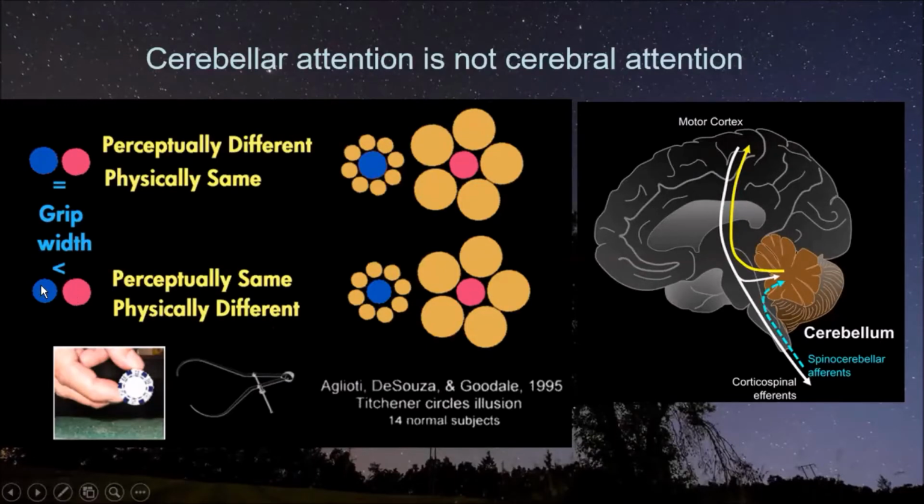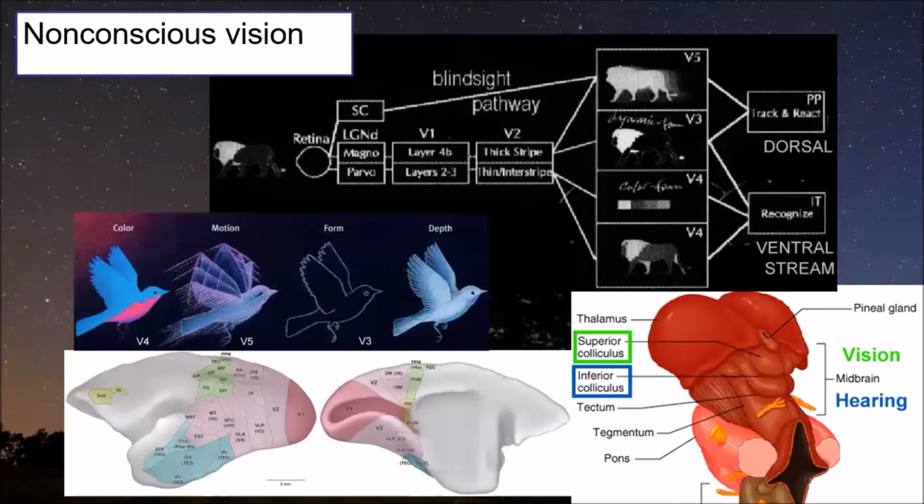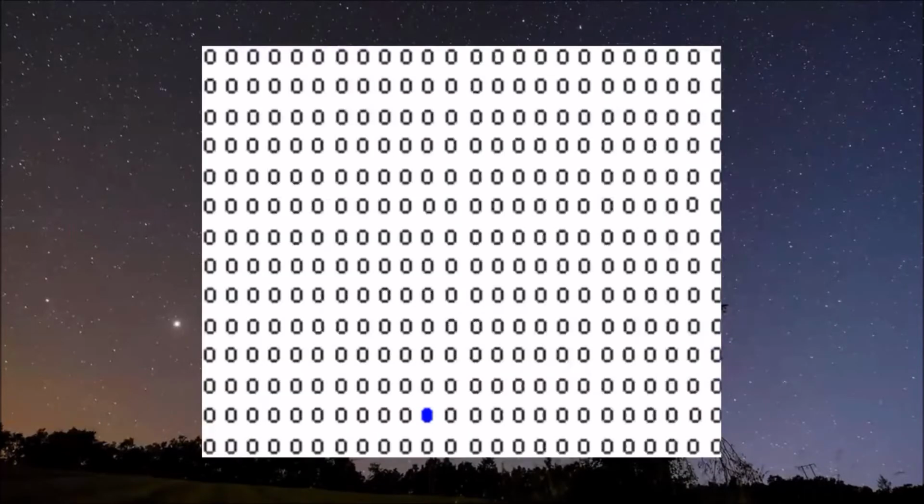It's bigger here than it is here, even though our cortex says they're the same size. So our cerebellum helps adjust what's going on, and that is a different form of attention. The cortex, the cerebrum, shows a different attentional system than the cerebellum. This is the brainstem attention system, in essence, the one that lets us see that quickly.